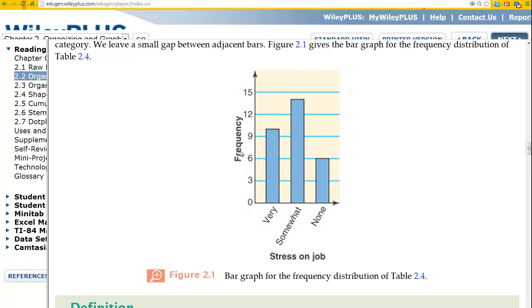The y-axis here is the frequency. Now, next we could have the y-axis be the relative frequency. So instead of 6, what did we say? That was 6 out of 30, so that was 1/5, which was 20%, or 0.2. So we're going to have the relative frequency. So this won't read 6, this will read 0.2. So the height of none will be 0.2.